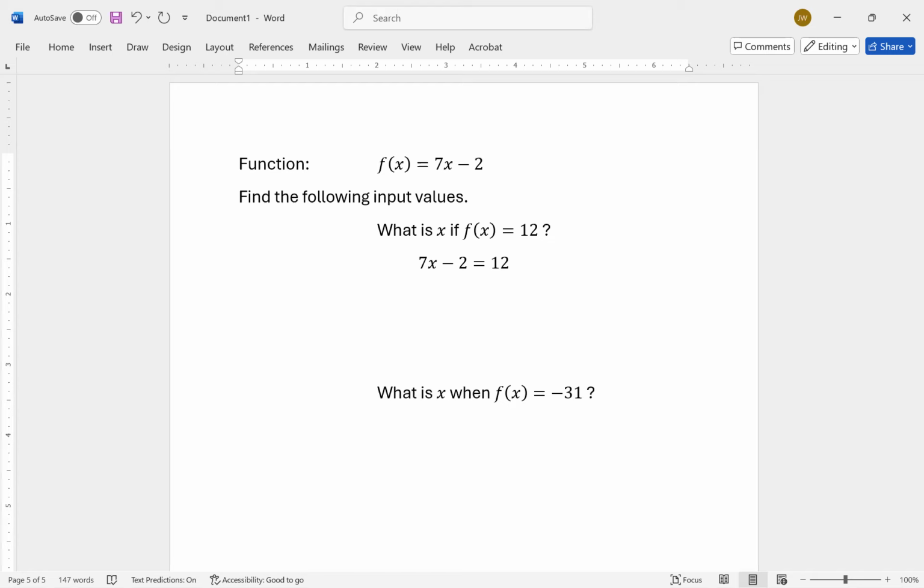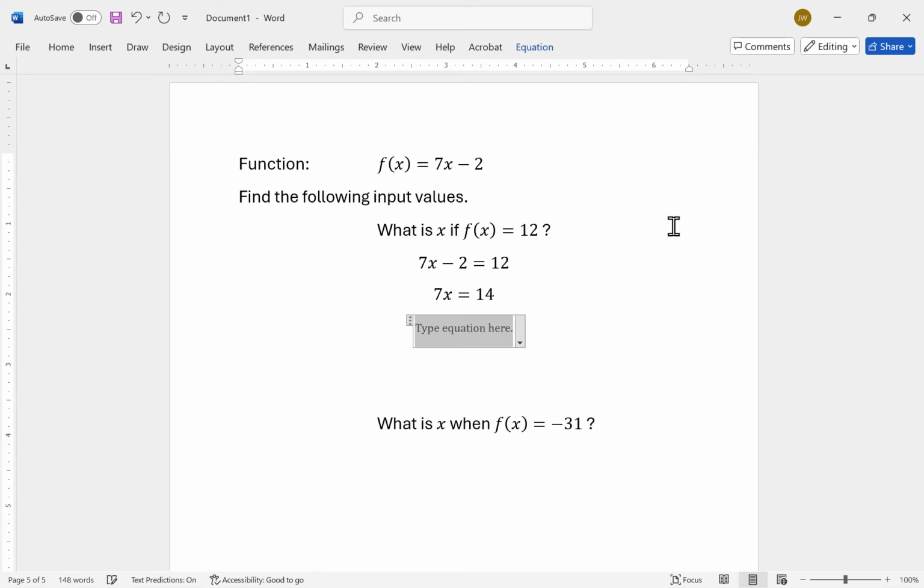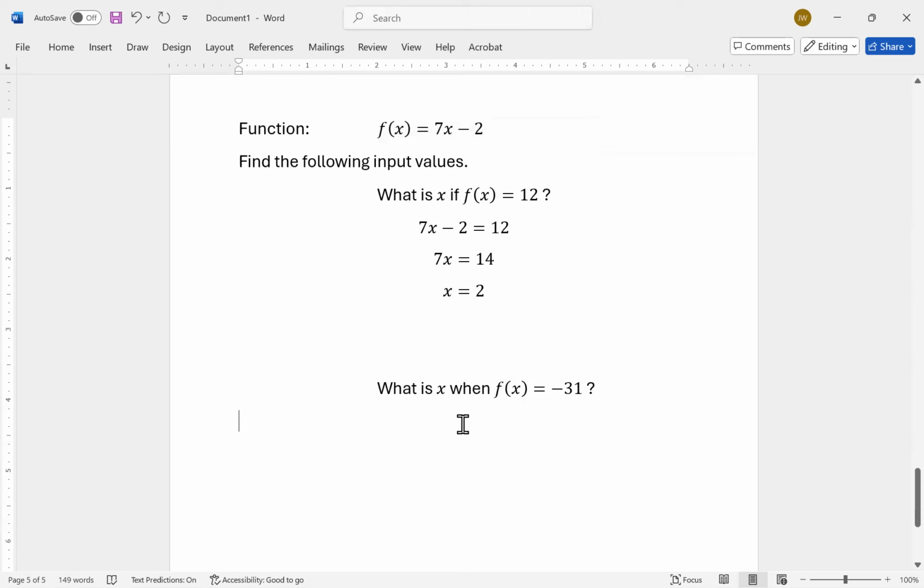I would add 2 to both sides, which would give me 7x is equal to 14. Then I divide both sides by 7. That would give me x equals 2. So when the input is 2, then I get an output of 12. And you can check this by plugging in f of 2 and seeing what you get.